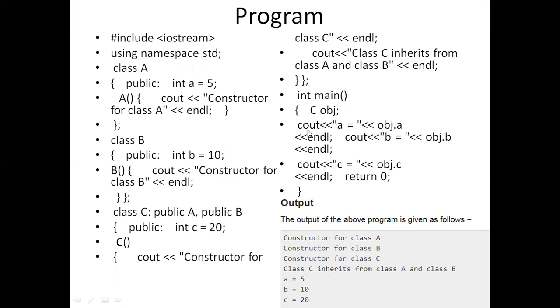So here we write obj.a, which displays 5, obj.b displays 10, and obj.c displays 20. So these three data members are available in the C class also. Okay, so this is the program, and I hope it is clear. And if you have any doubt, then you can talk to me.